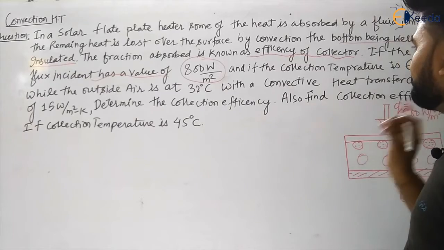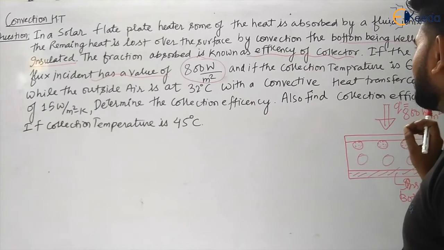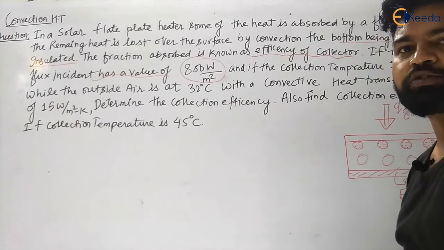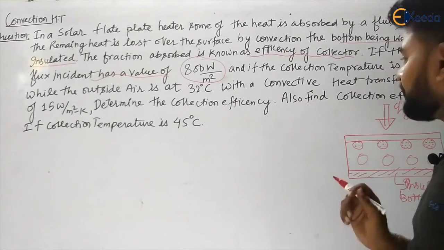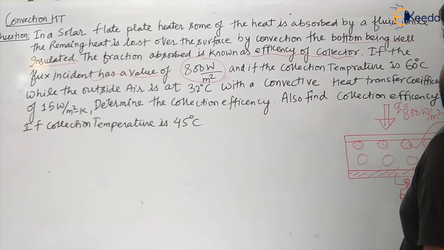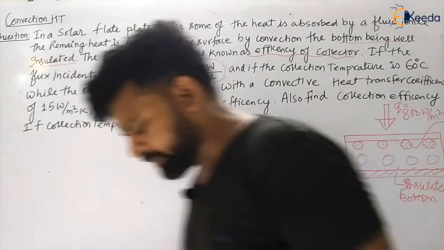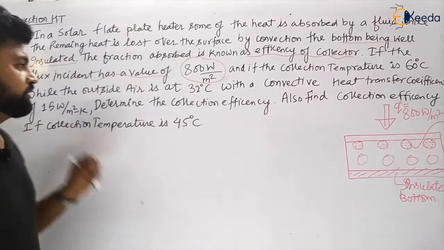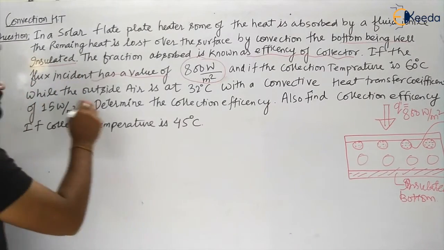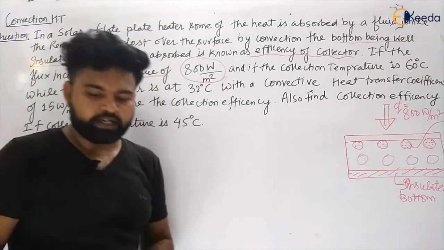And if the collection temperature is how much, my dear students? 60 degree Celsius. So this temperature is your 60 degree Celsius. The collection temperature, that is the temperature of the fluid, is given to be 60 degree Celsius, while the outside air is at 32 degree Celsius.